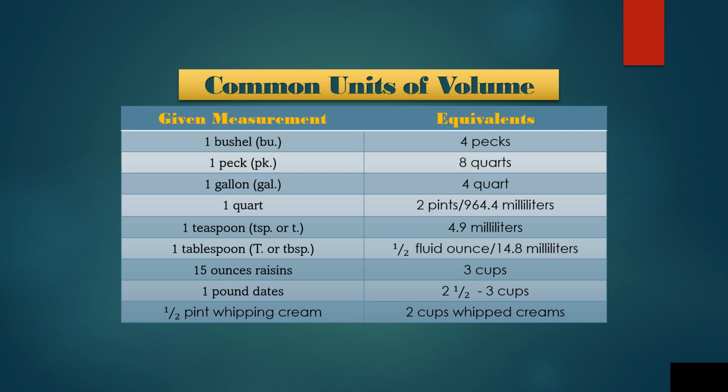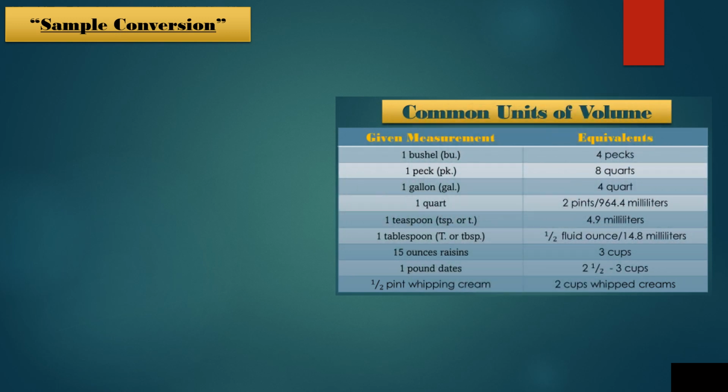Okay, so now let's proceed to steps and conversion. Sample conversion. Nandiyan yung ating table of common units of volume. And then, 12.5 gallons or gals is equivalent to how many quarts.